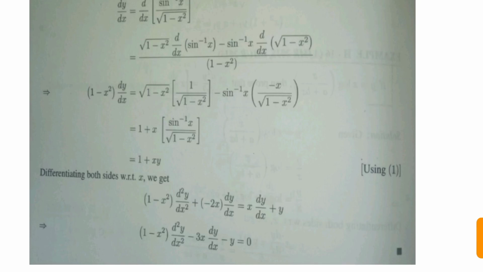Thus we get, taking all one side, 1 minus x square d2y upon dx2 minus 3x dy upon dx minus y is equal to 0. This is the result.